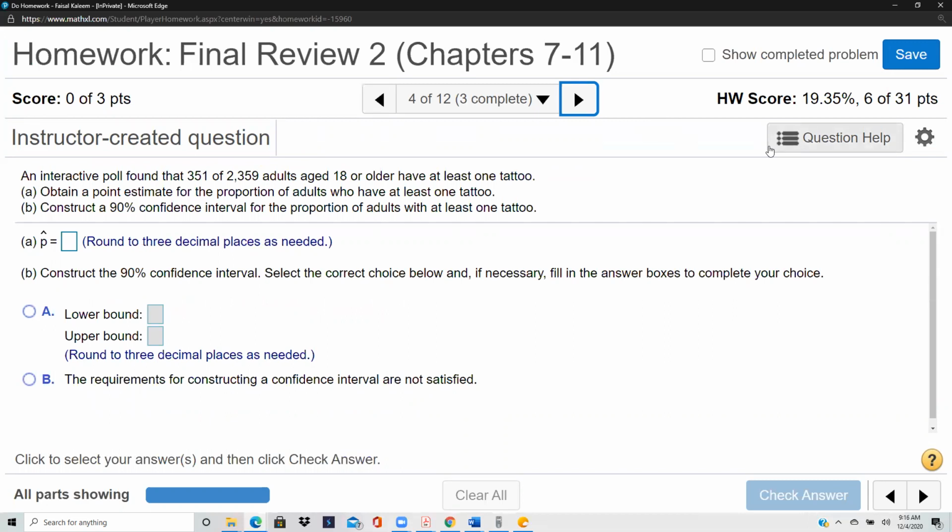Okay. So p hat, remember what is this a symbol for? Proportions. Sample proportion.